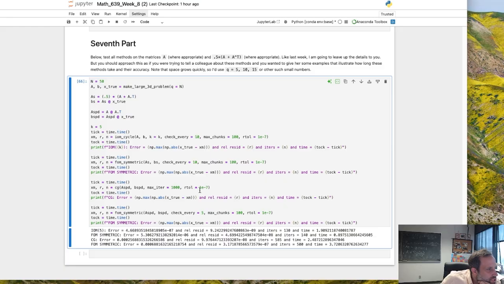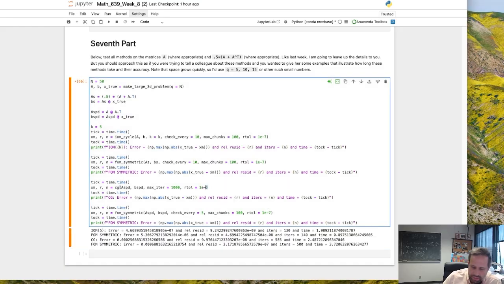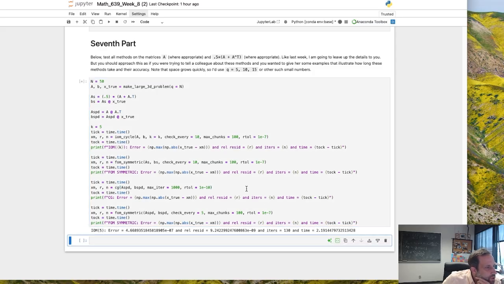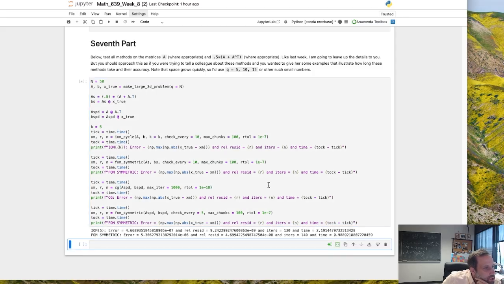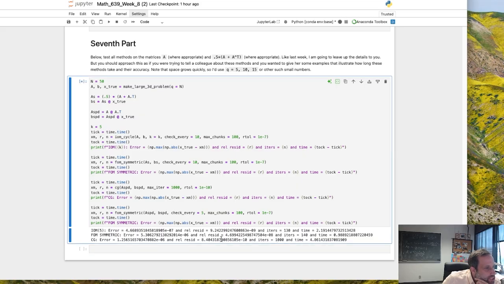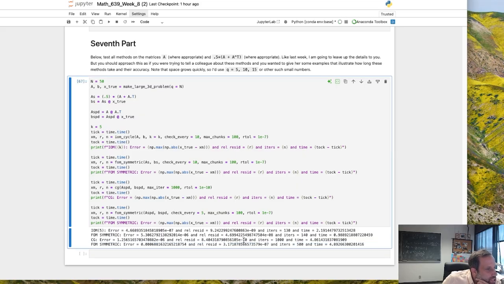Okay, so for conjugate gradient, let's see what happens if we bump that to 10. It's going to take a little bit longer to run. I don't know if we'll max out the iterations. Okay, there we go. We maxed out the iterations, but it looked like we got there anyways.